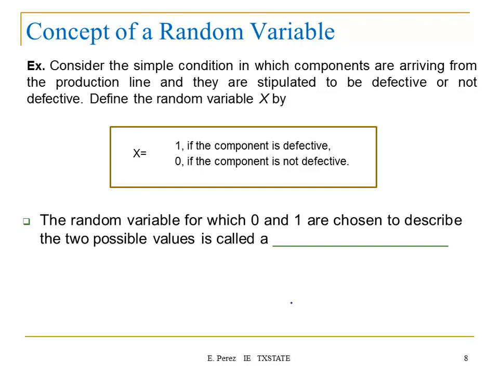This type of variable is a binary variable. This random variable for which we are using 0 and 1 to define the values is called a Bernoulli random variable. Okay, so remember that name, a Bernoulli random variable. You're going to have 0 and 1, just 2 values to define a random variable.